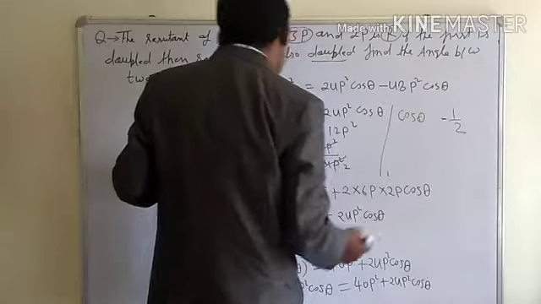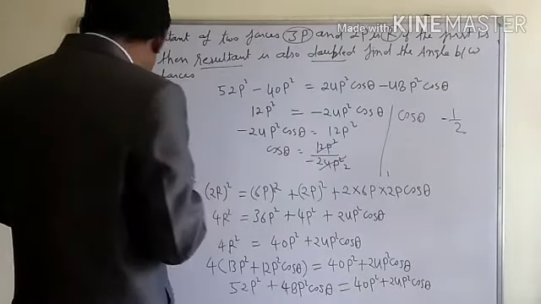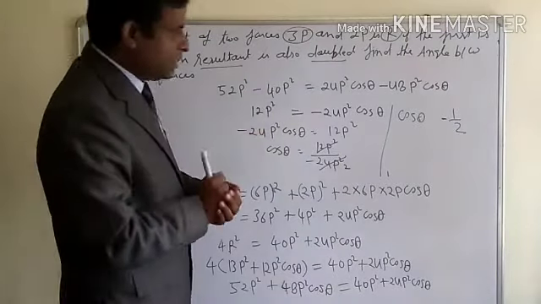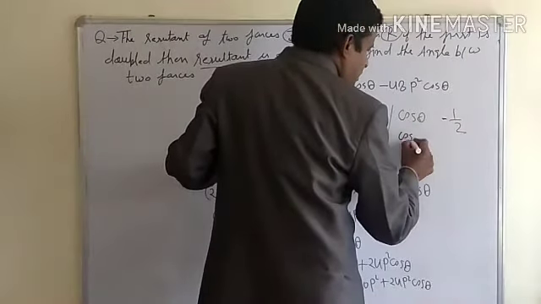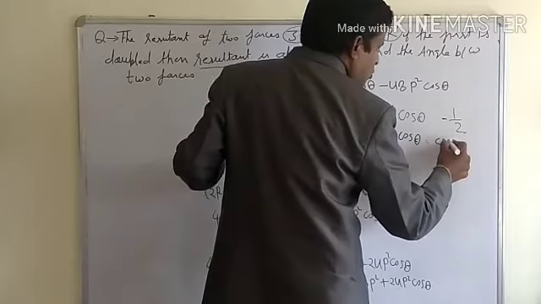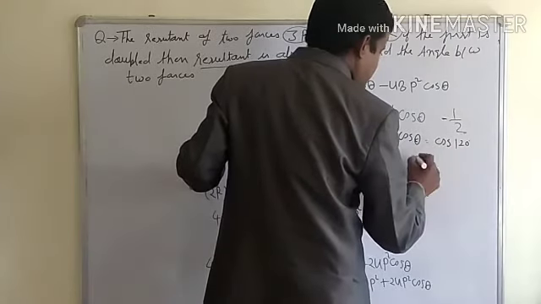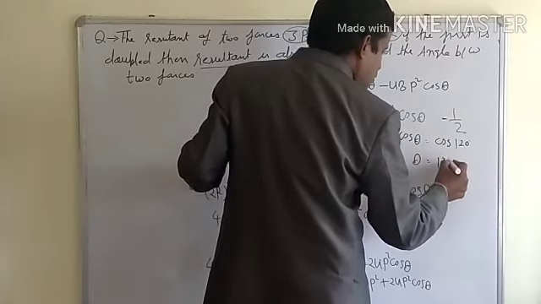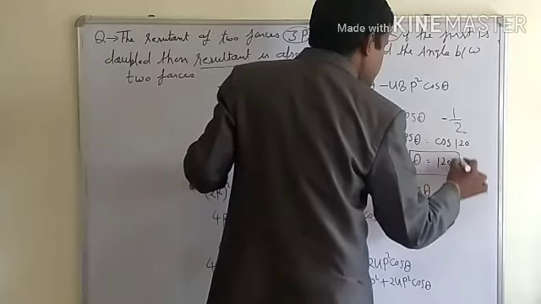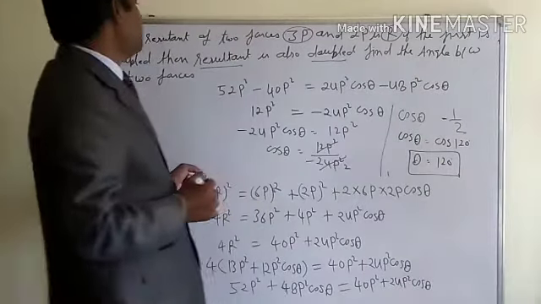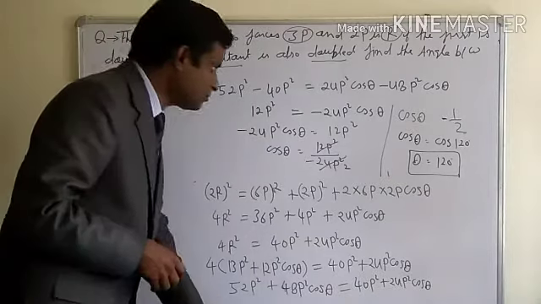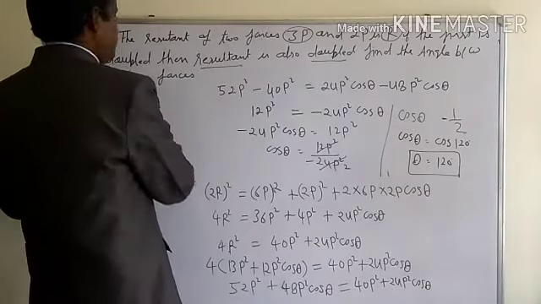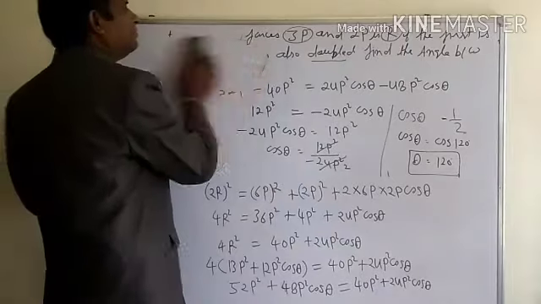If you have remembered the value of cos theta minus 1 by 2, then it is 120 degree. So by the trigonometric table, you will write cos theta is equal to cos 120 degree. So theta is equal to 120 degree in this case. So the answer to this particular question is 120 degree. Now next one.